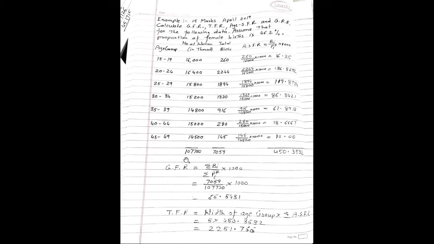So the total becomes 1,07,700. And total births calculations are 260 plus 2,244 plus 1,894 plus 1,320 plus 916 plus 280 plus 145.